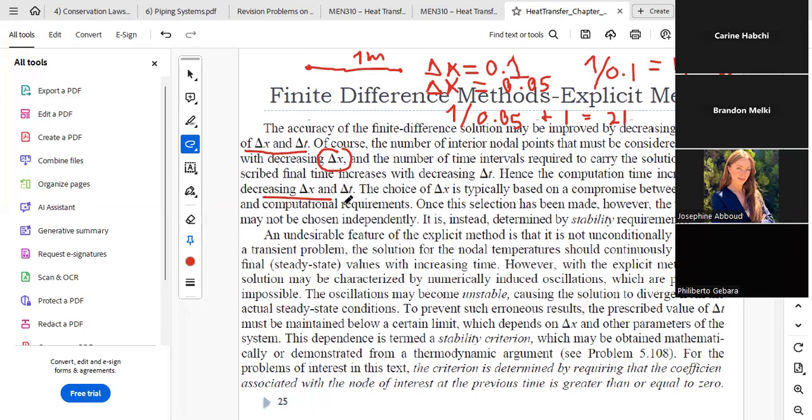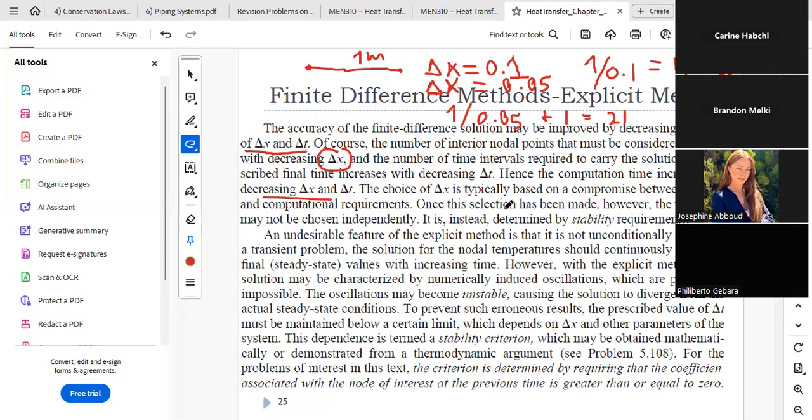For example, if you reduce delta x by 2 and you just have a percentage difference in result of 1%, you say that since 1% is really small, no need to take a smaller delta x. So if you see that the variation in solution is not high with a smaller delta x, you stop there. You say it's enough.